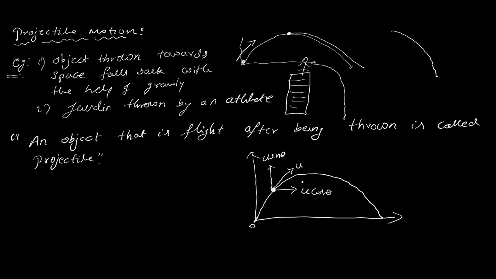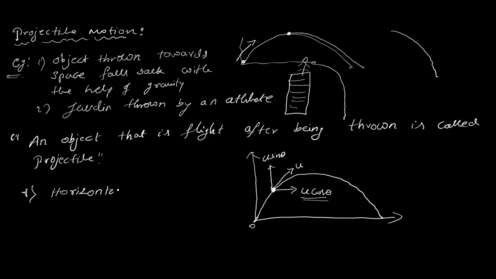Got it? The horizontal component of velocity remains constant throughout its motion. During the projectile motion, you should remember that the horizontal component, u cos theta, remains constant, but the vertical component is affected by gravity, so it keeps varying. Understand? I can write these two points.